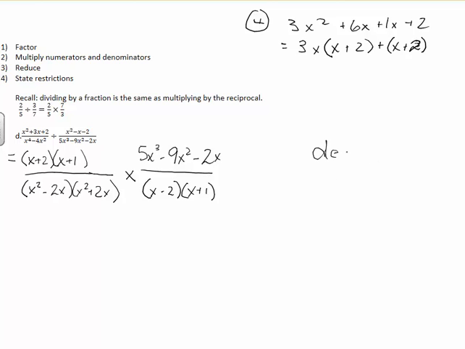So I'm going to do decomposition for the one that I need to. So I have 5x squared minus 10x plus 1x minus 2. And again, I've just got a small mistake there. I'm just going to remove it, there was no x there ever in the question. So now we can factor by grouping.